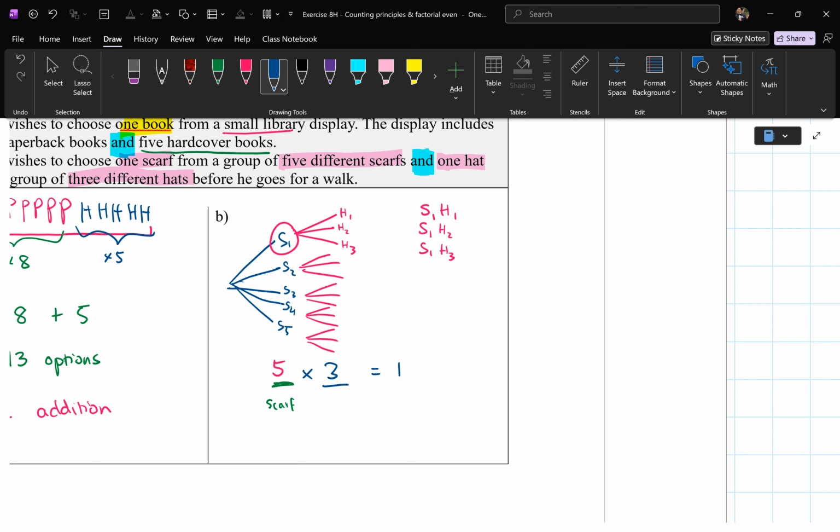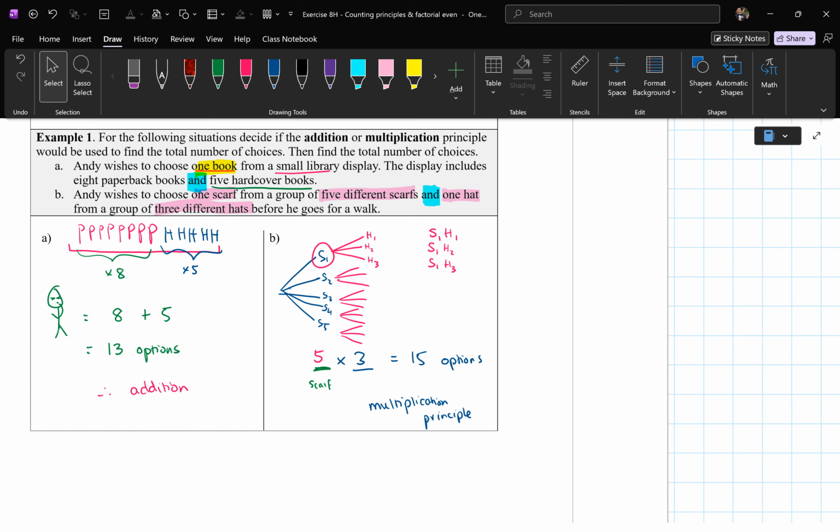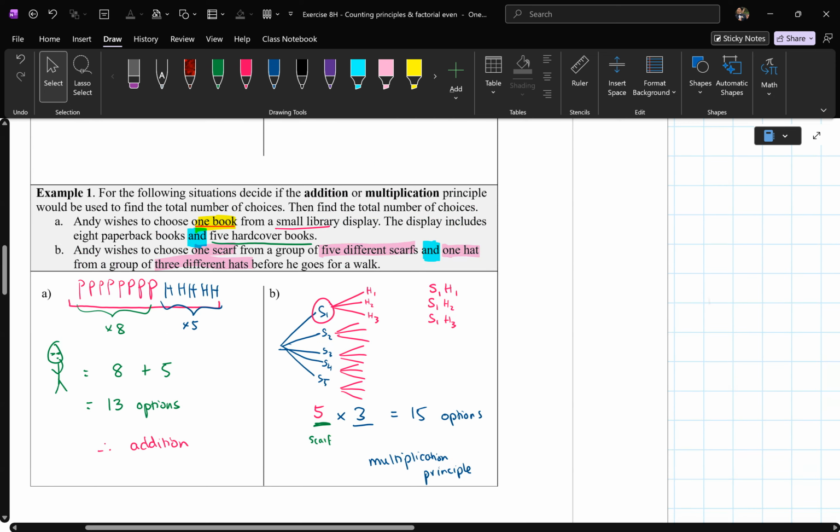And so this then gives you 15 total options, which then means it's a multiplication principle. So even though there is the word and in both, you have to read the situation and figure out, logically, what am I really doing? How many options am I truly getting out? And that's the power that you're meant to think about in 8H.